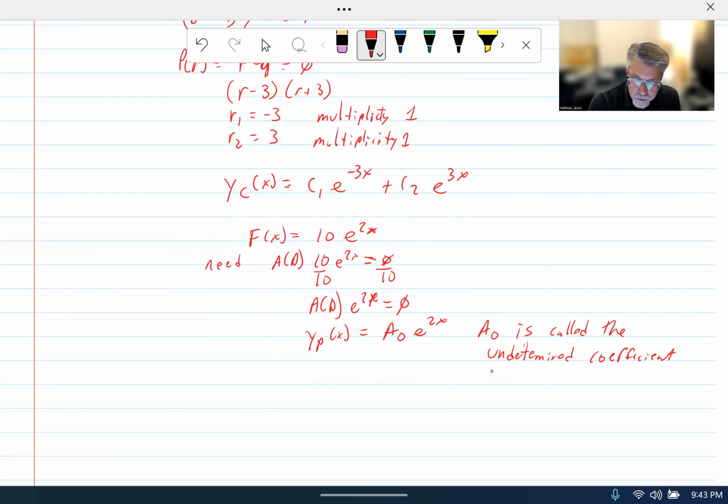We don't know what that coefficient is. It is a particular solution though. So we need to figure out what a naught has to be.